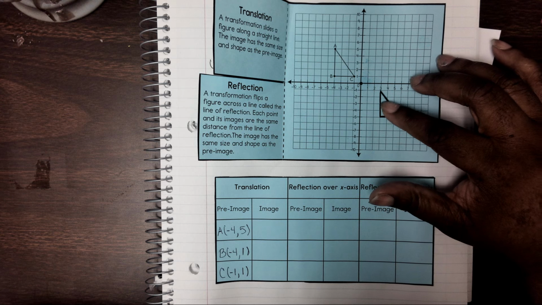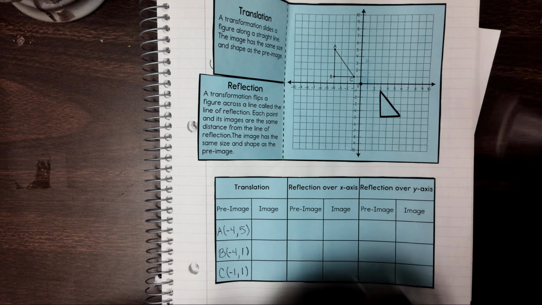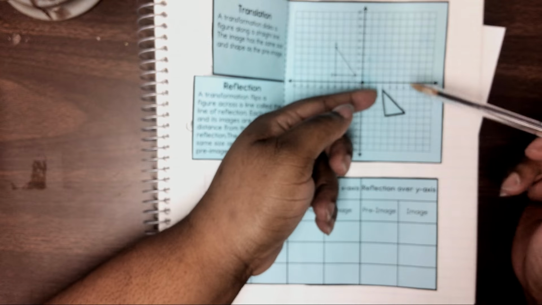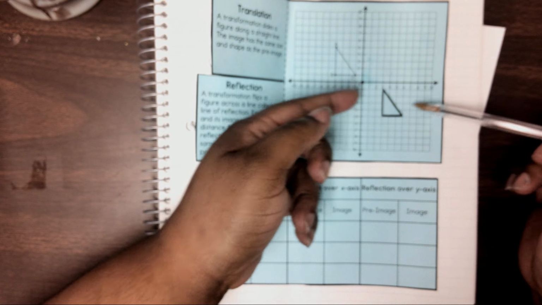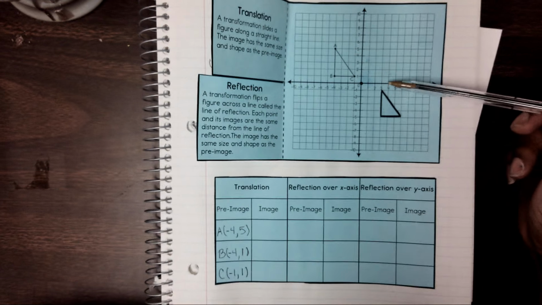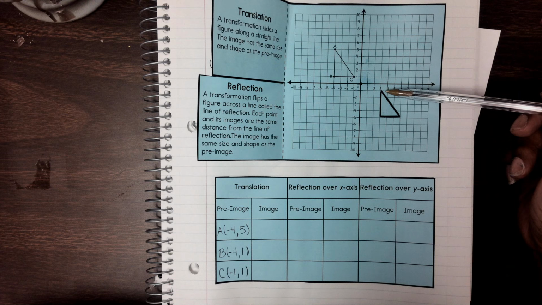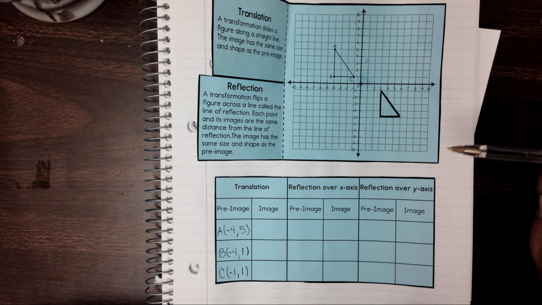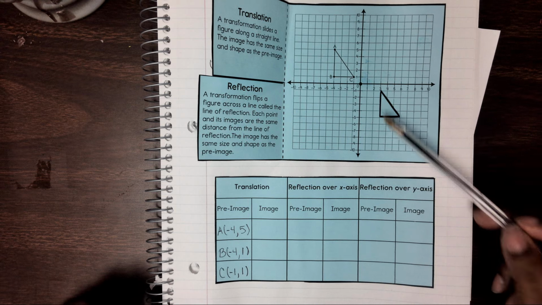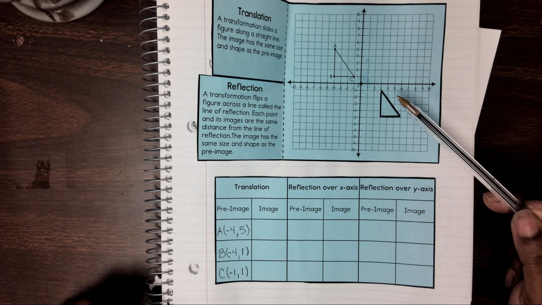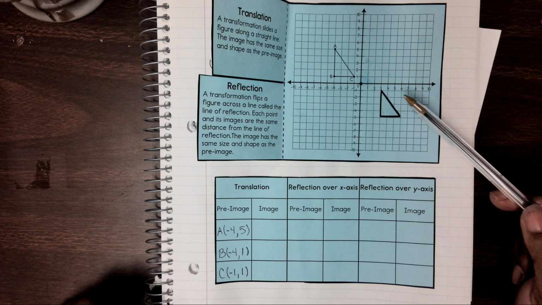So you might have to just manipulate it a little bit, but point A should now be located at a positive 3, negative 1. Okay? So again, this is our image. This is after the transformation, after the translation.